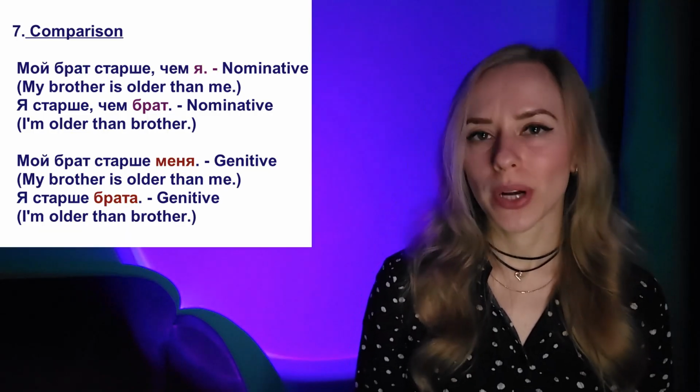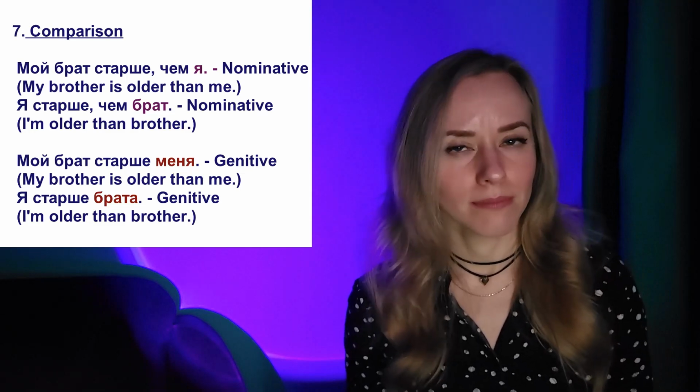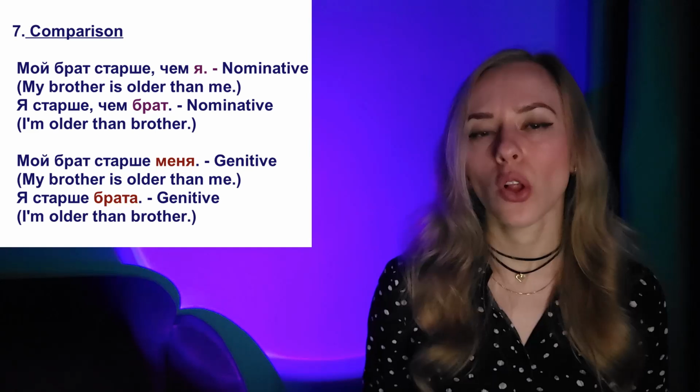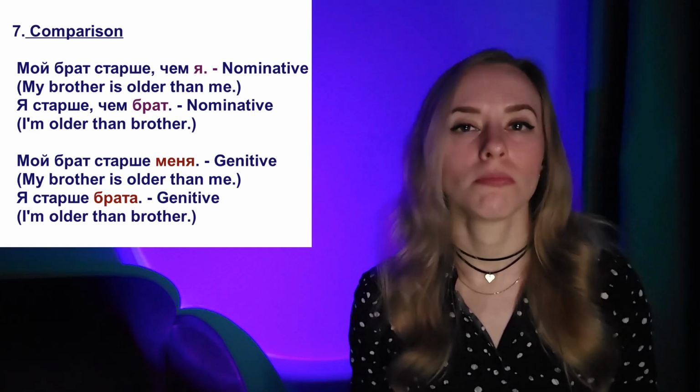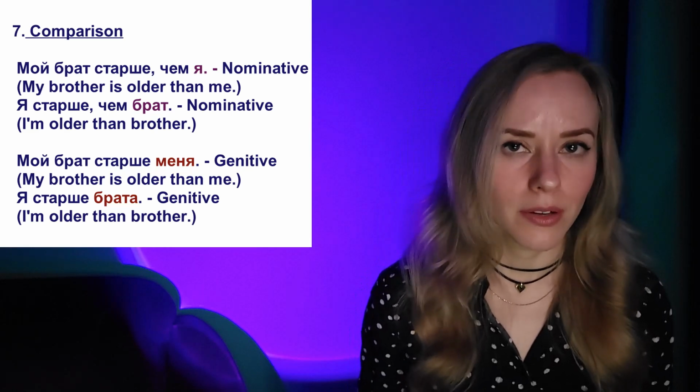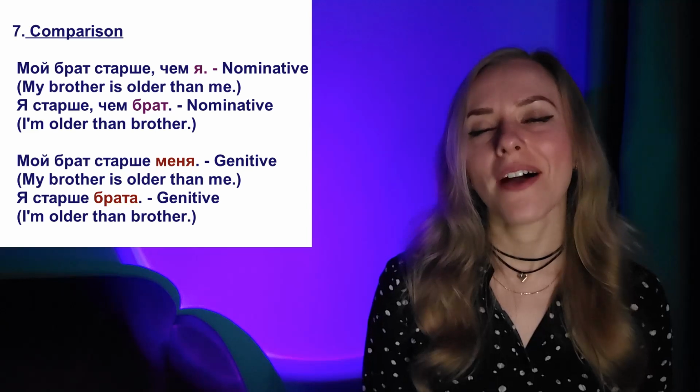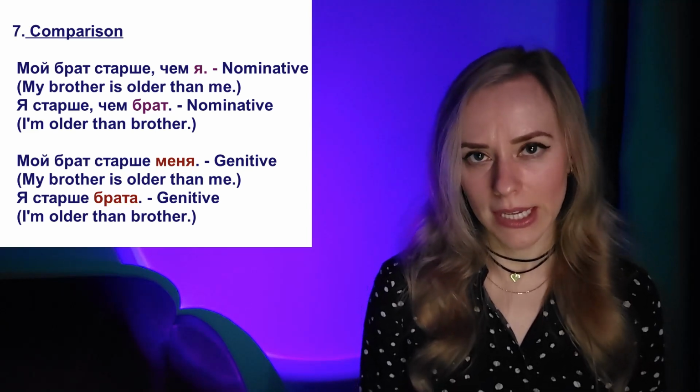Comparison. We use the genitive case if we need to compare something with something or somebody with somebody. Let's see an example. You can say мой брат старше, чем я. My brother is older than me. Or я старше, чем брат. I am older than my brother. In this situation, after чем we use the nominative case.